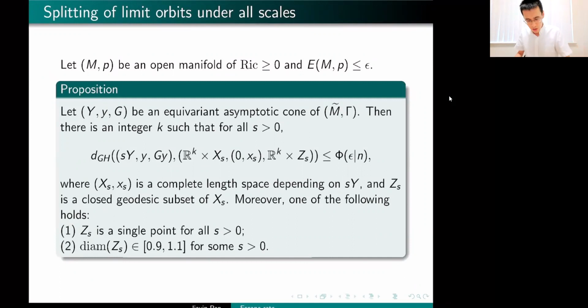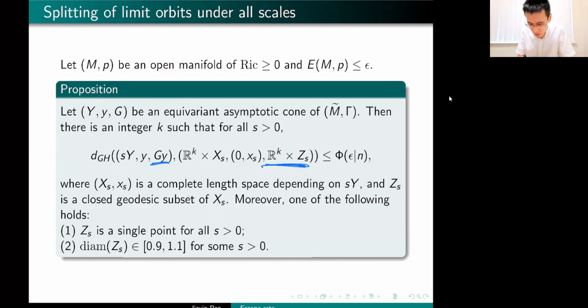If we have an open manifold of non-negative Ricci curvature and its escape rate is very small, less than or equal to some epsilon, then for any equivariant asymptotic cone we can find an integer k so that for all s positive, after scaling, the orbit G·Y is close to a product R^k times some Z_s.